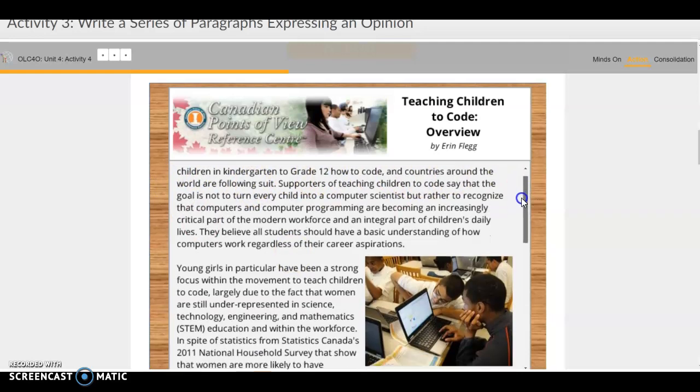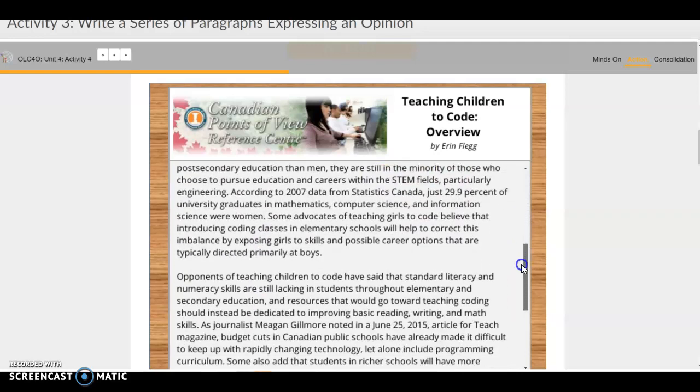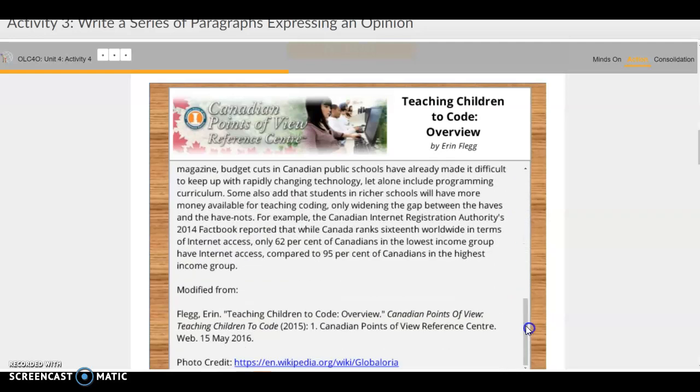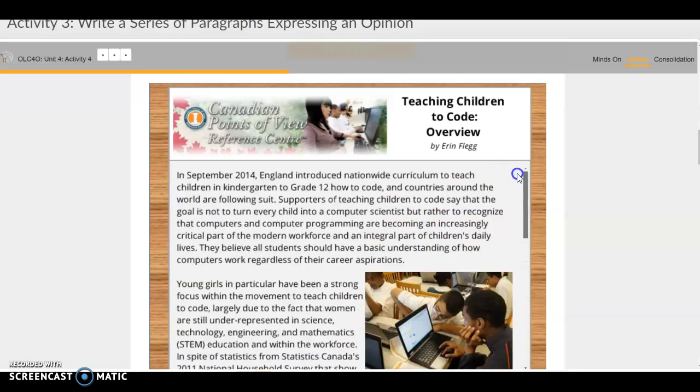And then it'll talk a little bit about Canada, of course, and about whether coding should be adopted in classrooms throughout Canada and at all grade levels. This article is not going to introduce a really strong opinion. It's more of an overview on the topic.